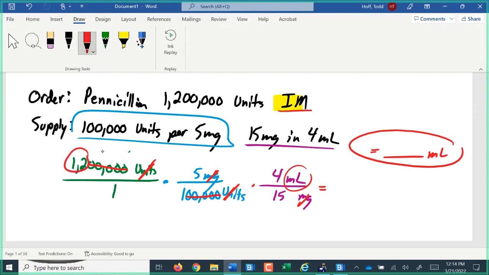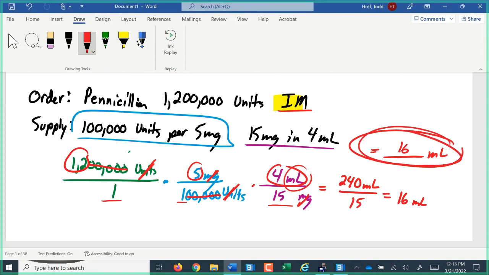So now this is 12 times 5 would be 60 times 4 milliliters is 240 milliliters. Down here, this is 1 times 1 times 15, which is 15. 240 milliliters divided by 15 is 16 milliliters. That would be 16 milliliters administered to the patient.